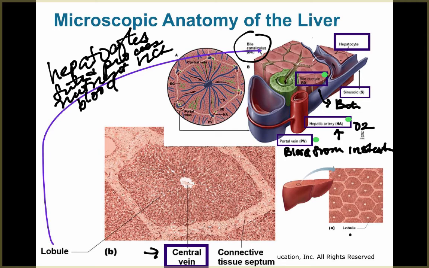Now you also have these sinusoids that you can see here. These are leaky capillaries, and they're located between the hepatic plates. The blood from both the hepatic portal vein and the hepatic artery percolates through the triad region that I just showed you, and from the triad region, they go through the sinusoid and empty into this central vein area here.